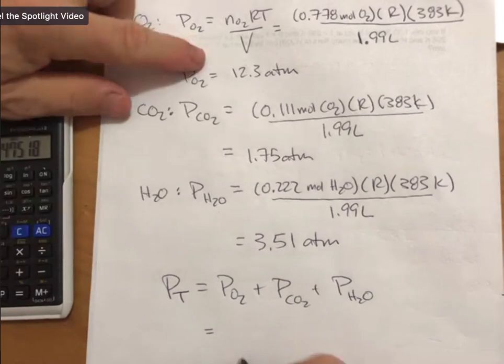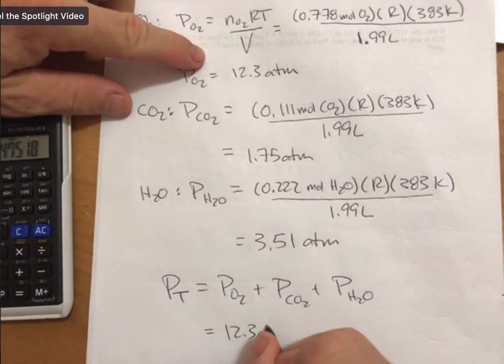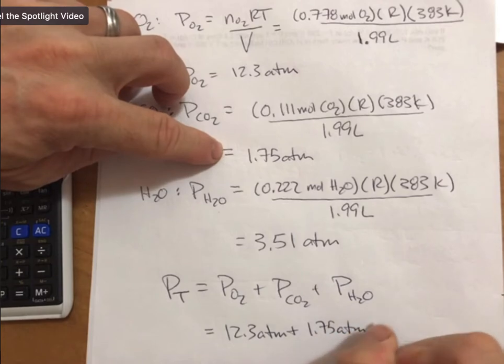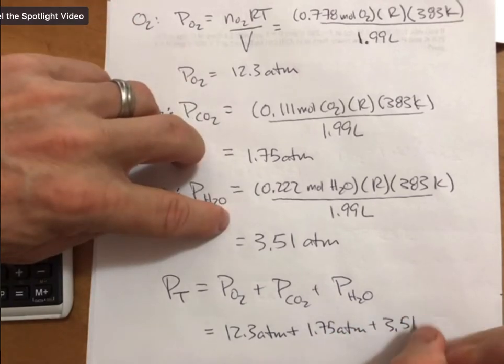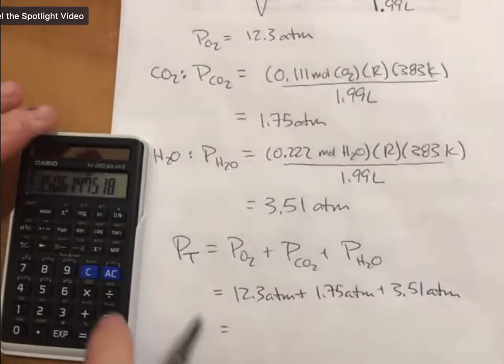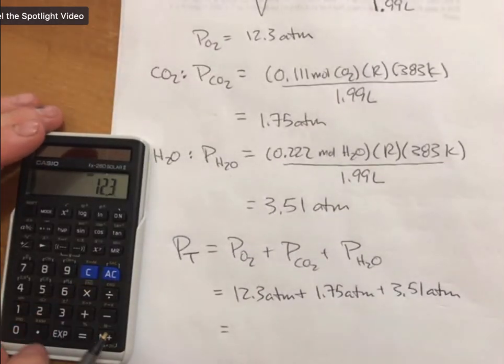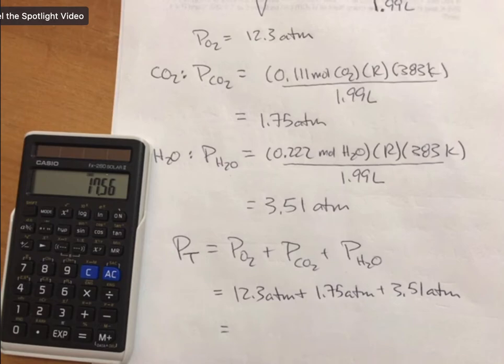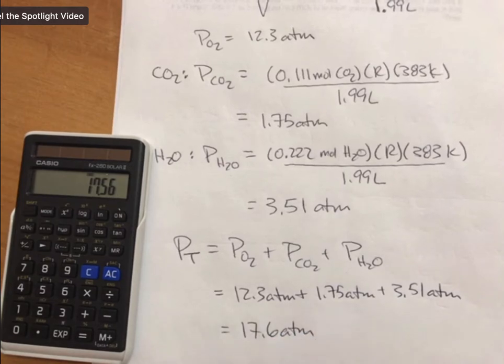I get 12.3 plus 1.75 plus 3.51, and to 3 sig figs, 17.6 atmospheres. Though if you reported 4 sig figs for this one, that would have been fine too.